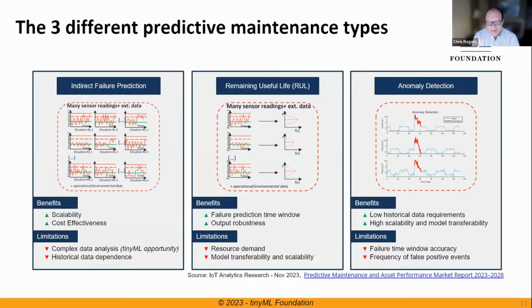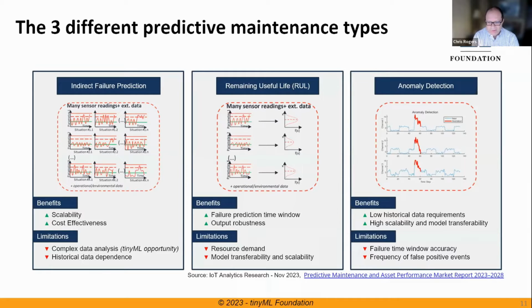The limitations for this are that the models tend to have challenges in transferability and scalability because there's context-based information that would impact the results. So I could take the same equipment, again using that motor example.